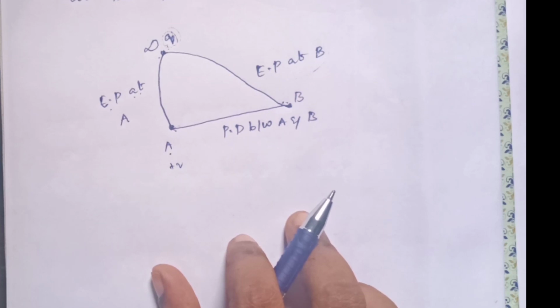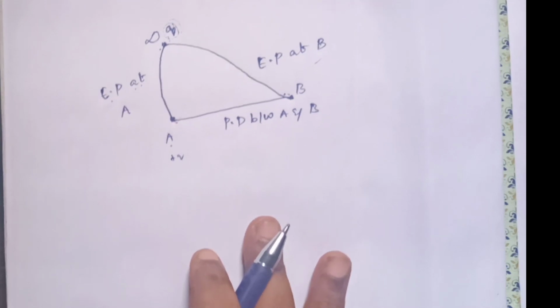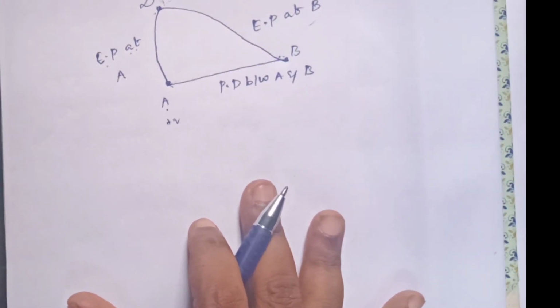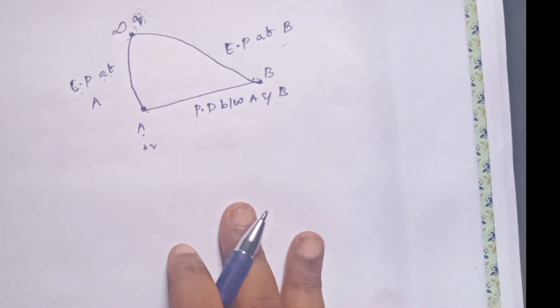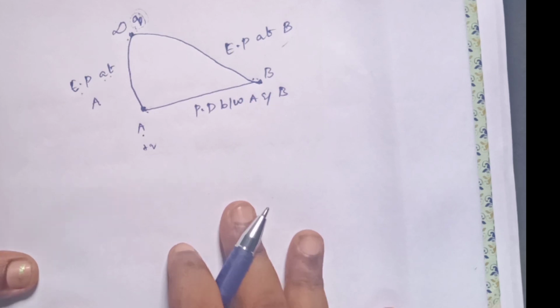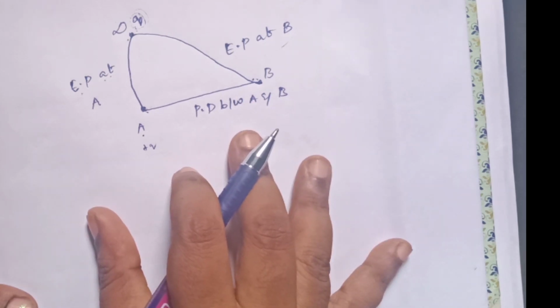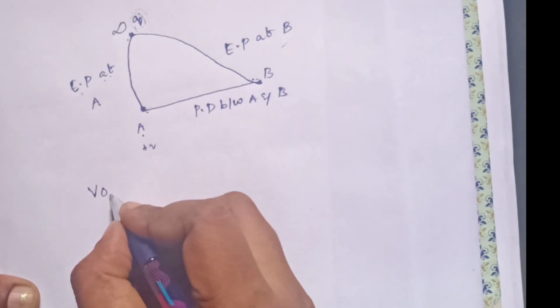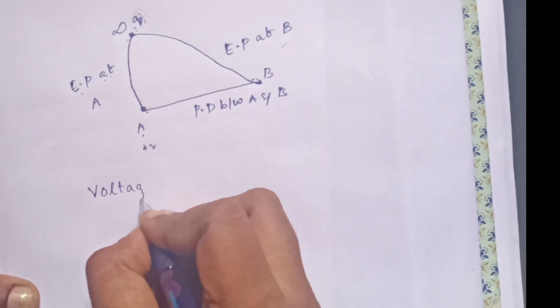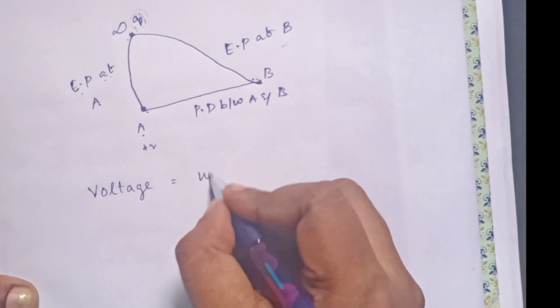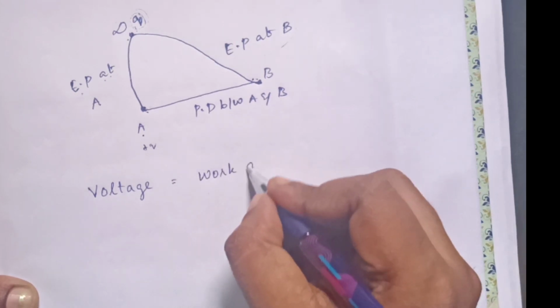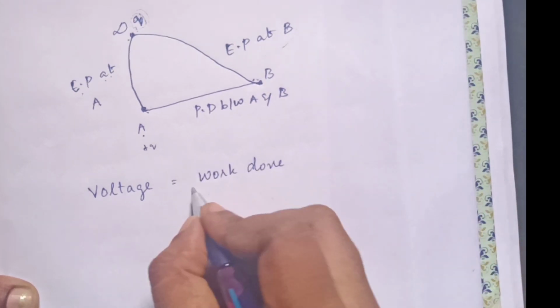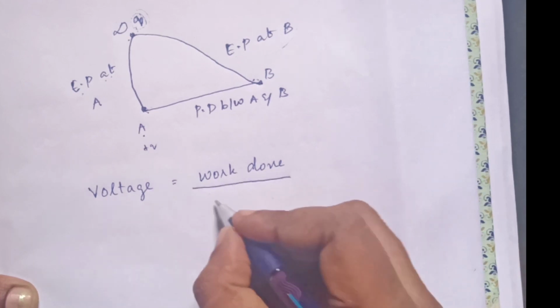So now let us move on to the formula. So formula is, now what did I say here? Work done in moving a charge from infinity to that point. So work done per unit charge. So voltage, potential difference is also known as voltage, which is equal to work done per unit. அப்படின்னா நம்ம என்ன பண்ணணும், டிவைட் பண்ணணும்.